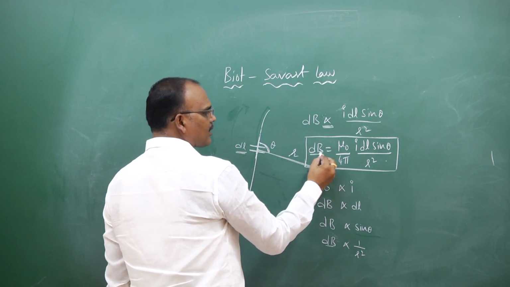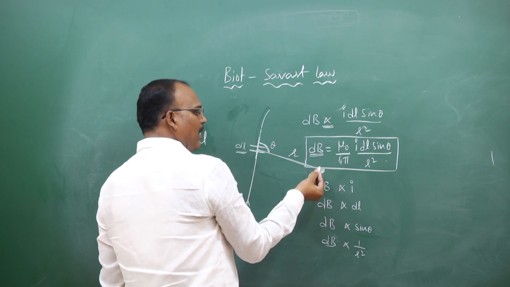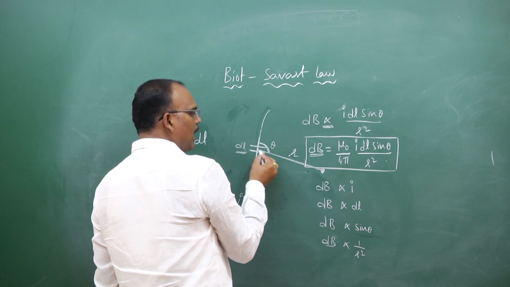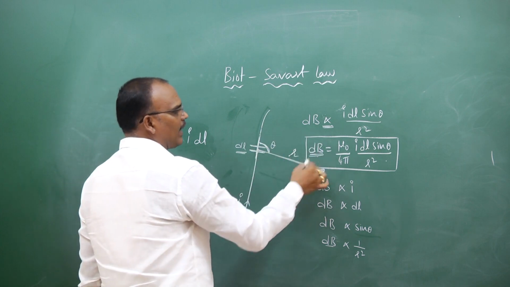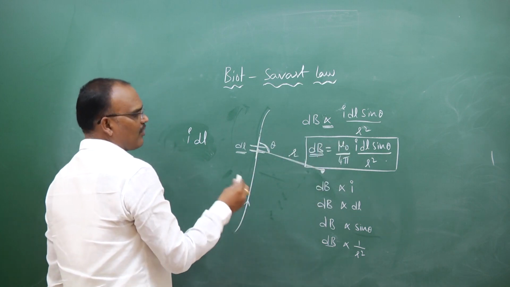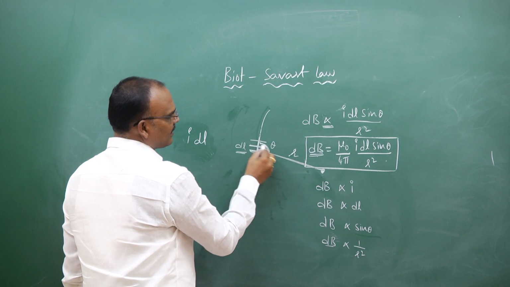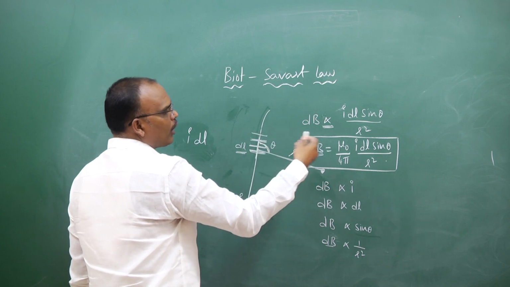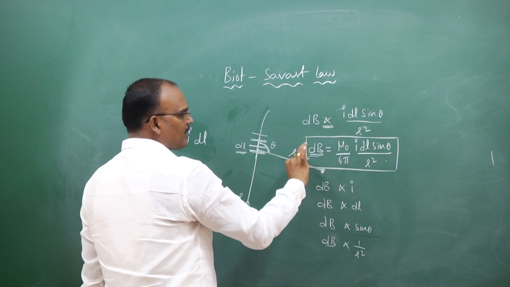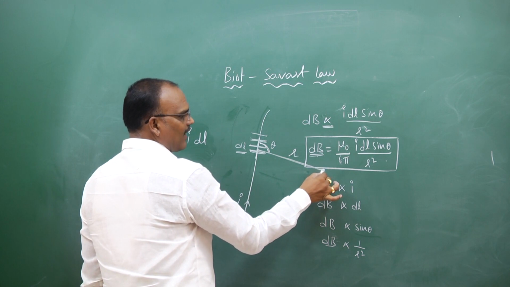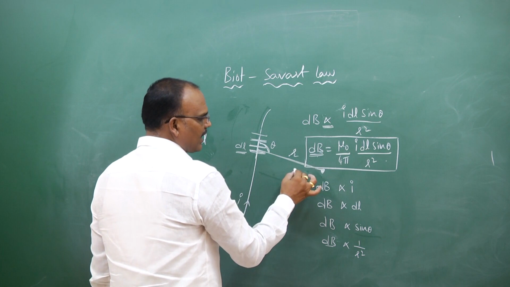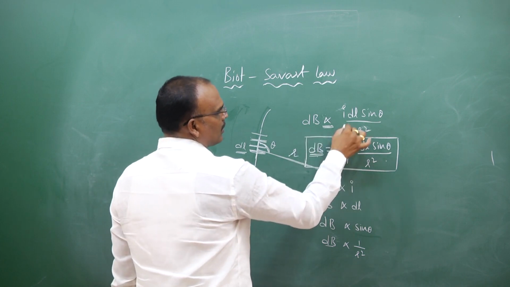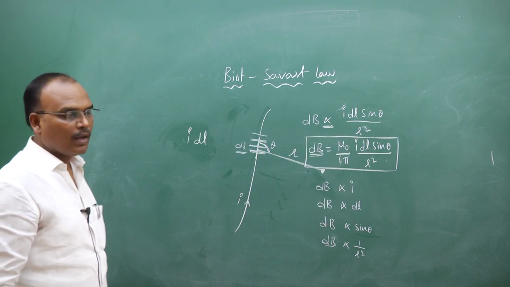Biot and Savart law determines the magnetic field due to a small elemental portion. If you want the total magnetic field, you should do integration, summation. This is one element, this is another element, all you have to add. So to get the total magnetic field at this point due to the entire length of the conductor, I should integrate from 0 to L.